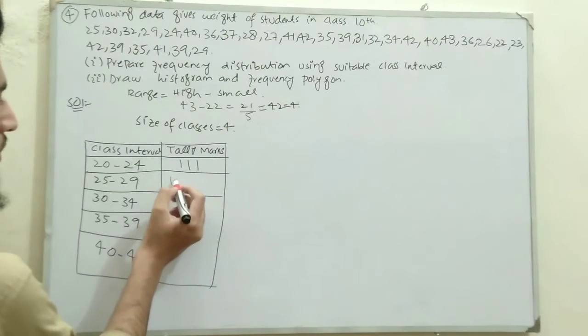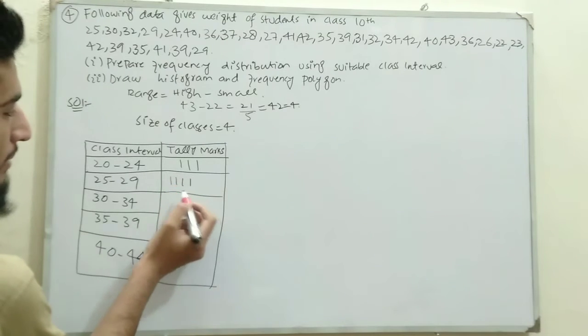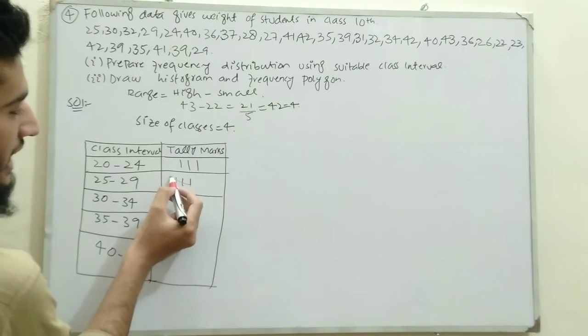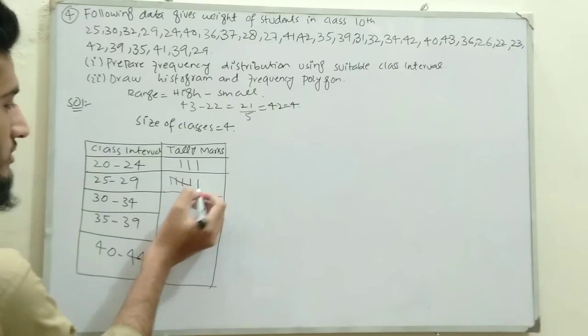So we will draw 1, 2, 3, 4, and the fifth line will be a closing diagonal line. So 5, and after this 6.